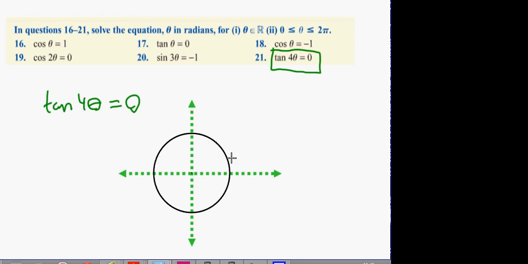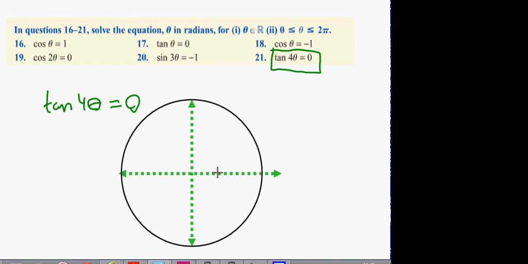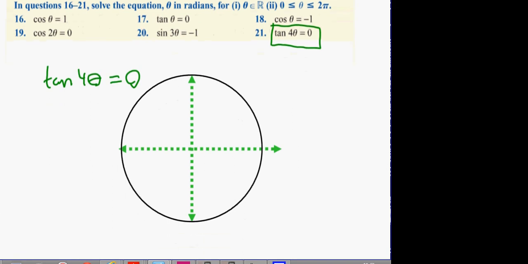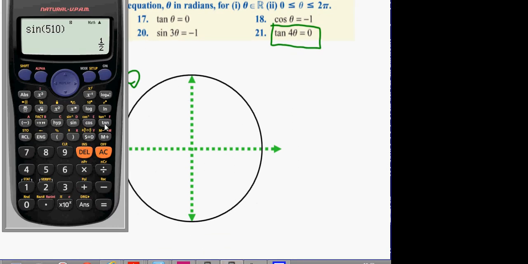What I do in the calculator is, once again, operate in nothing but degrees at the very start and change it at the end. So I'm just going to enter a couple of numbers. Tan 0 is 0. Tan 90 is a math error. And then finally tan 180 is 0.